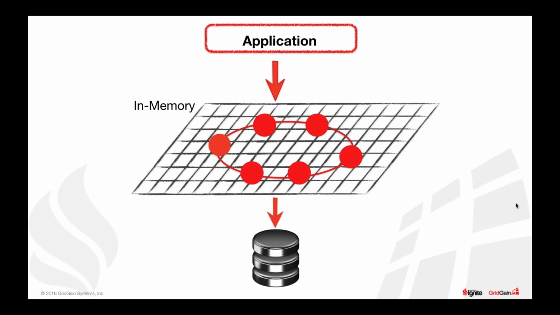The first feature to keep in mind is in-memory. GridGain Enterprise is an in-memory platform. It is memory first. It is designed and optimized to use all the memory that you have on your machines. This includes a key value store, an in-memory file system, and also in-memory indexes.